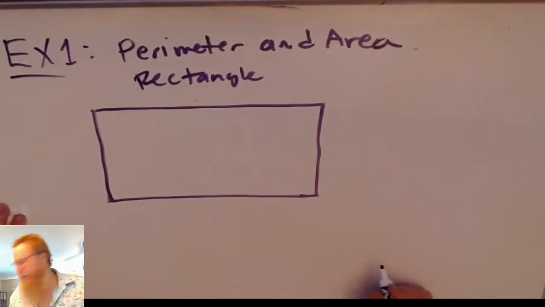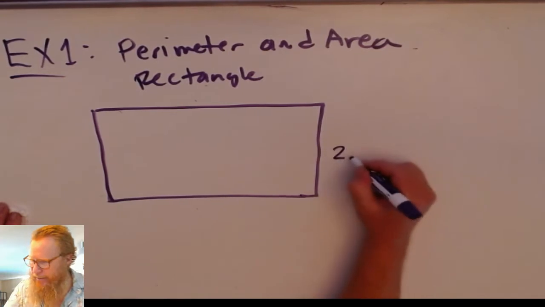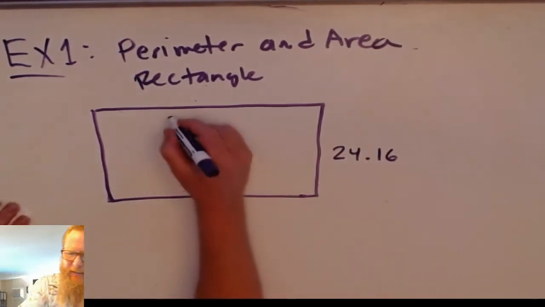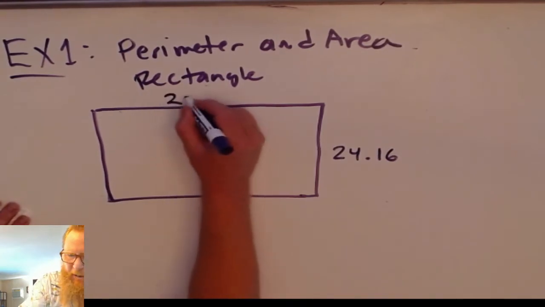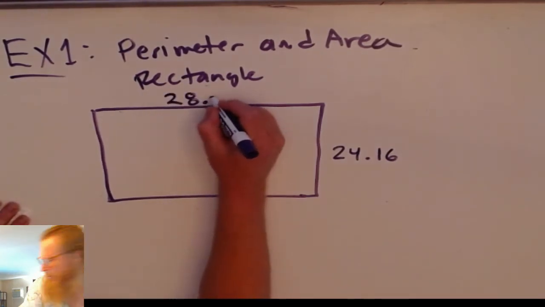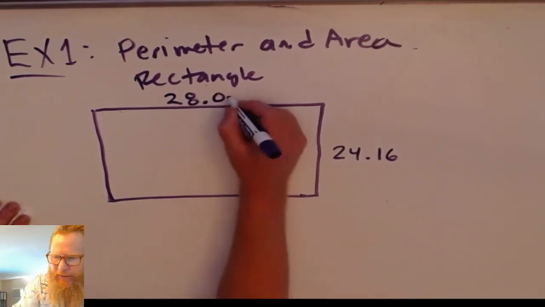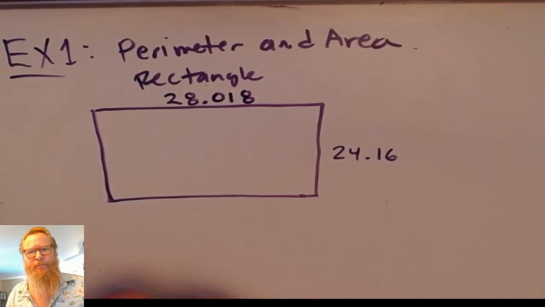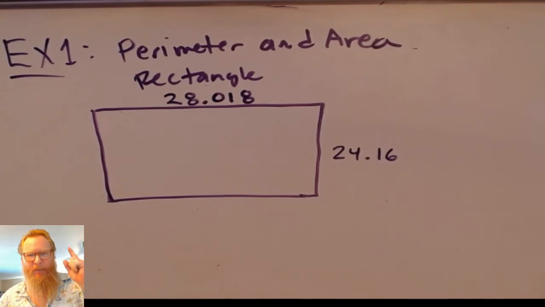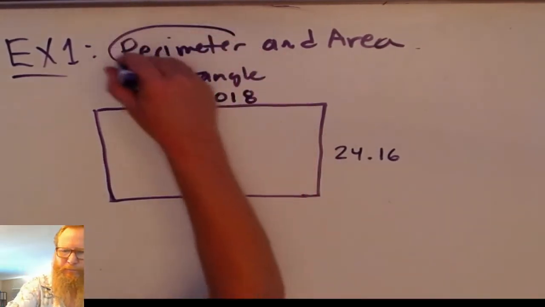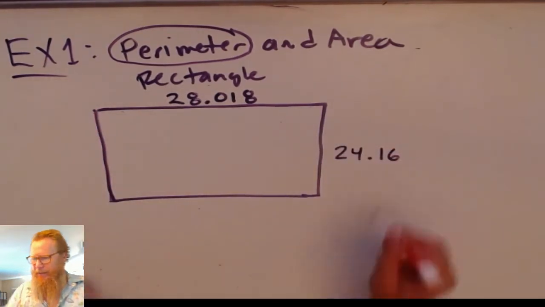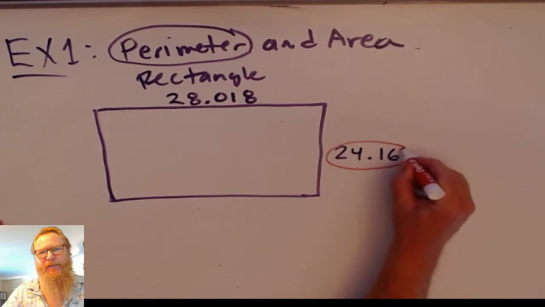So we have a rectangle. Let's say this side is 24.16. And this side is 28.018. Let's do perimeter first. Perimeter means outside measure. So you have 24.16 on this side.